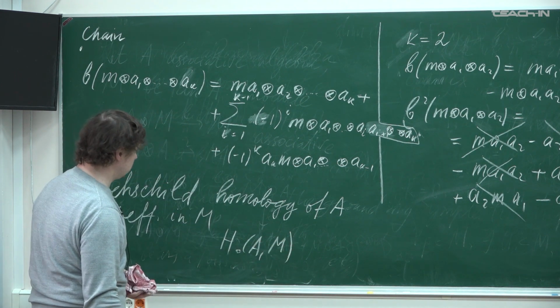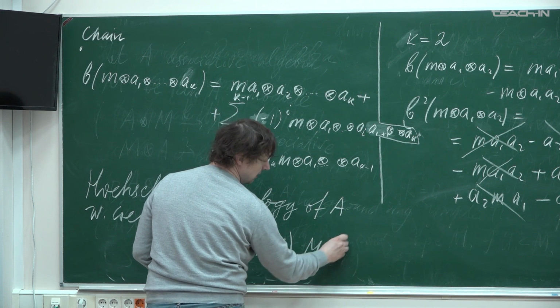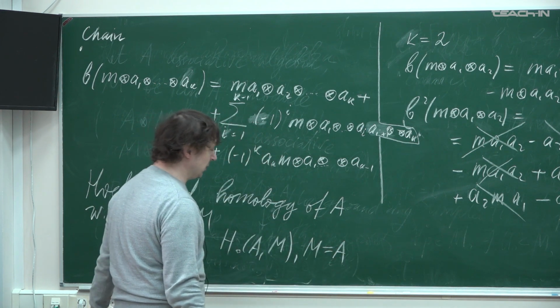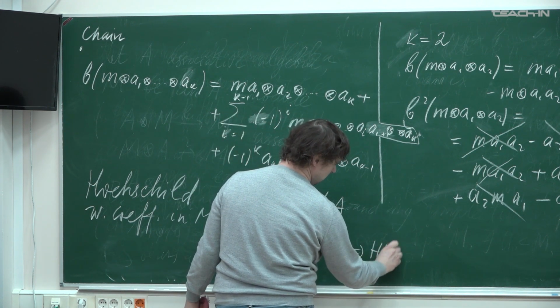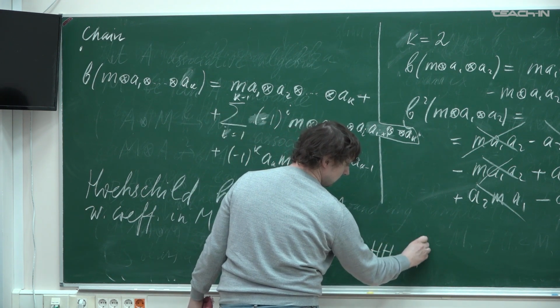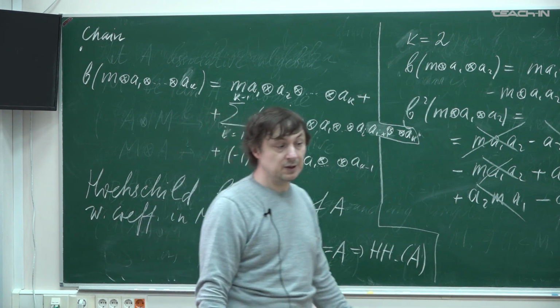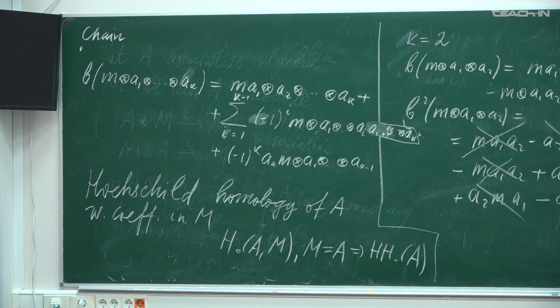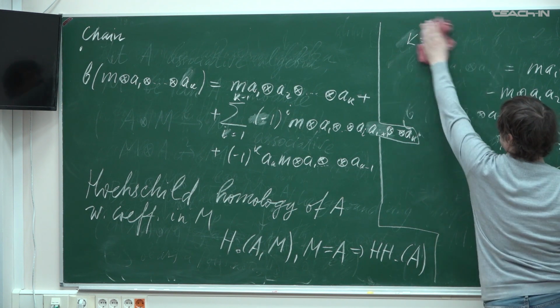In some situations where M is equal to A, in many cases this is abbreviated to H dot of A. Of course, A is a bimodule over itself, and that's why we can always plug it into this construction.